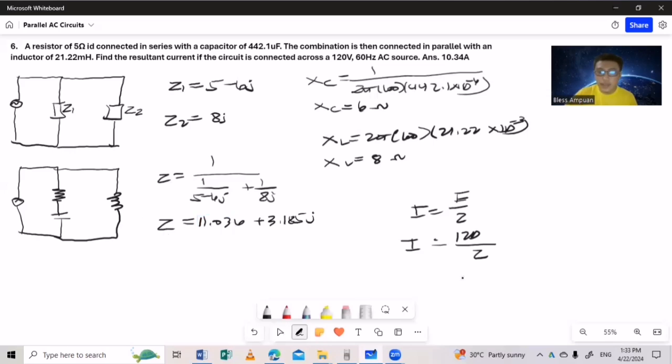Our current is equal to 10.34 at an angle of negative 18 degrees.